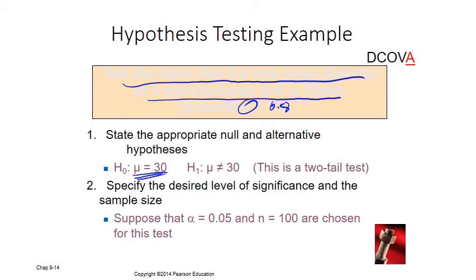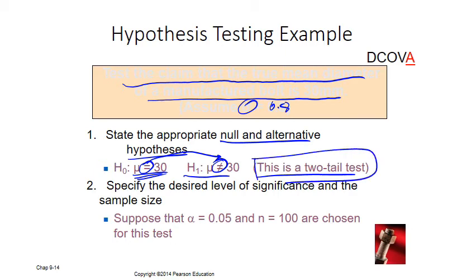H1 is always against it. If it is equal, then H1 is not equal. So it is two-tailed, because when we have equal and not equal signs in the null and alternate hypotheses, it is two-tailed. This is a very important step, deciding one tail or two tail, because if it is two-tailed, then we will divide alpha by 2.